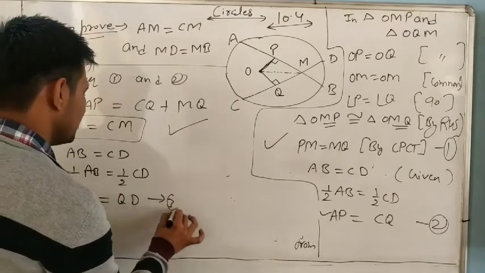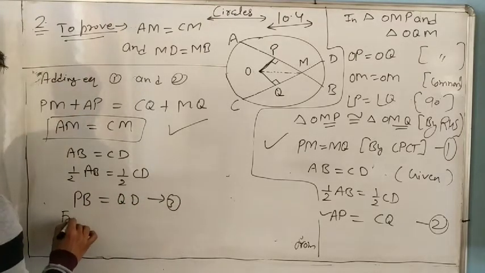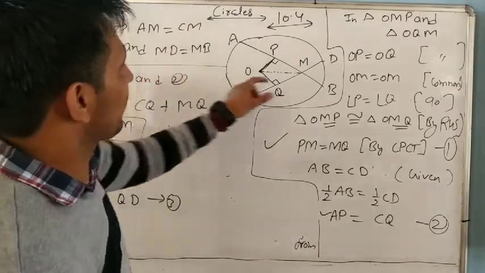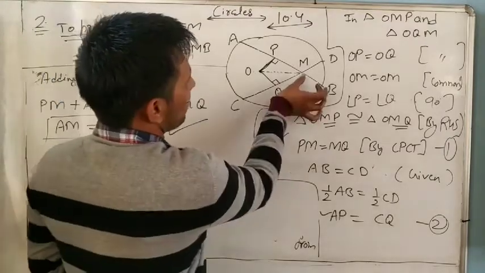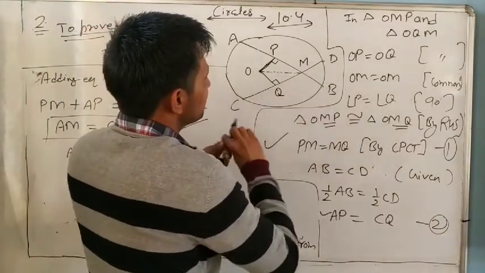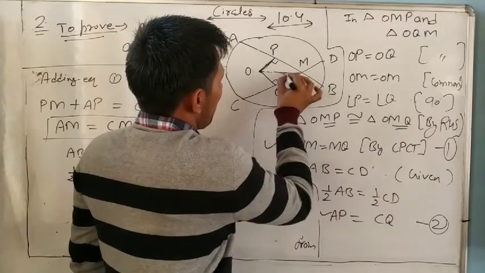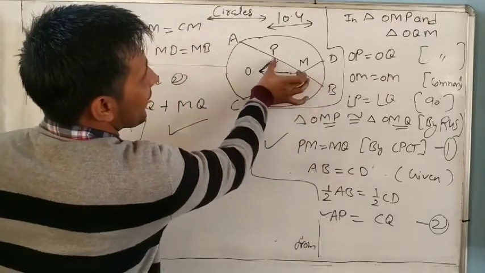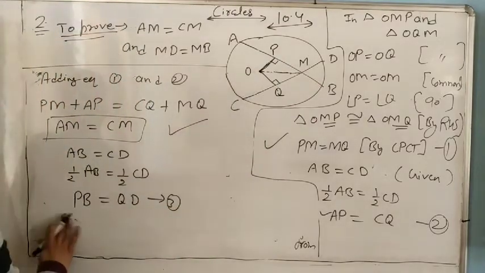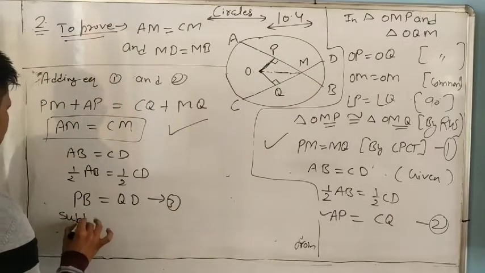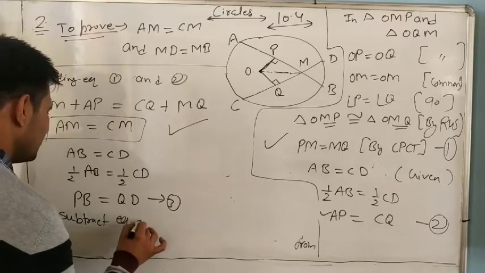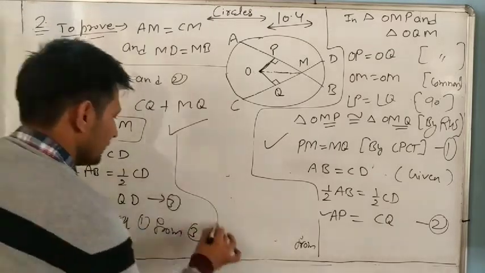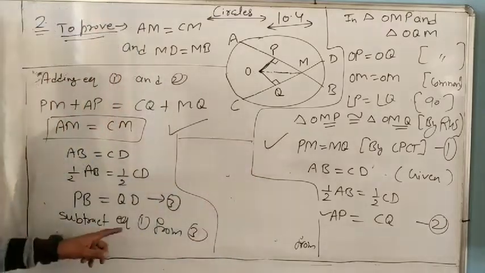Equation number 3. How can we get MB? MB is PB minus PM. So subtract equation 1 from 3.